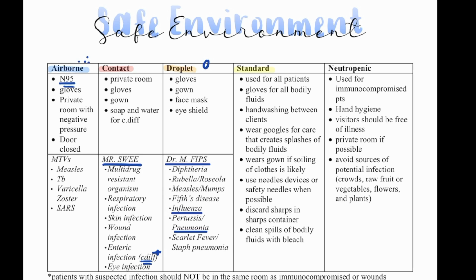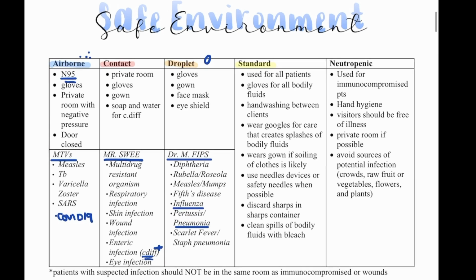It's a certain type of filter that can filter out those airborne pathogens. And what we want to remember for airborne is measles, TB, varicella, zoster, and SARS. Also, COVID-19, very important.